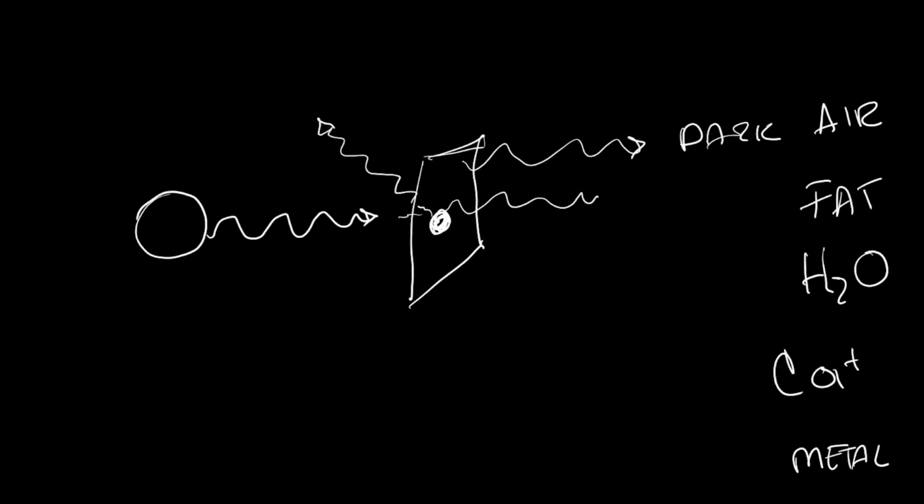So the result of this is that in the detector, you're going to see a grayscale of things from very dark to very bright. And in X-rays, we call those radiodense or radiolucent when they're dark, or radio opaque when they're very white.